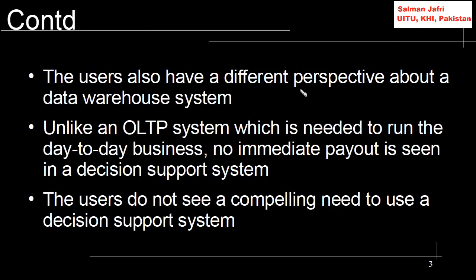Also, users have a different perspective about a data warehouse system. Online transaction processing systems run day to day, for example, the RAS server or the Amazon server. But in a decision support system driven by a data warehouse system, no immediate payout or immediate use is seen.